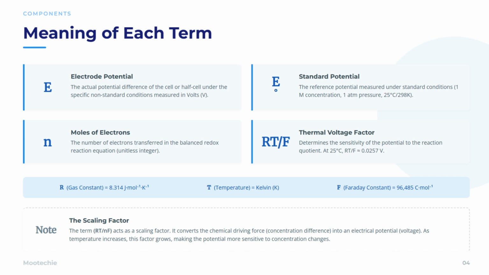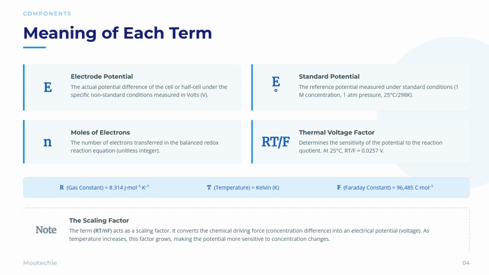This is our reference point, the potential measured under standard conditions of 1 molar concentration, 1 atmosphere pressure, and 25 degrees Celsius. The term RT over F is called the thermal voltage factor. This determines how sensitive the potential is to changes in the reaction quotient.